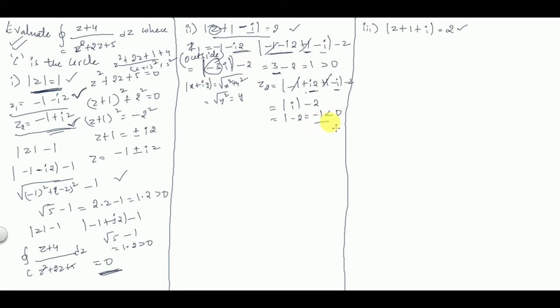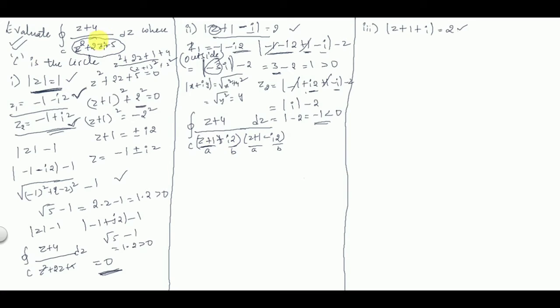When one of the singularities is outside and one is inside, we have to change the given function. Let us see how to change the given function. (z+4) divided by, so how can we write this? This will be (z + 1 + 2i)(z + 1 - 2i) we can write. This is how we got the singularities, right? (z+1)² + 2² is this one only. Again, if you find this is a and this is b, (a + b)(a - b) is a² - b², and you will get z² + 2z + 5.